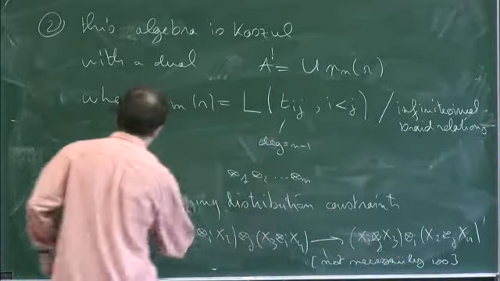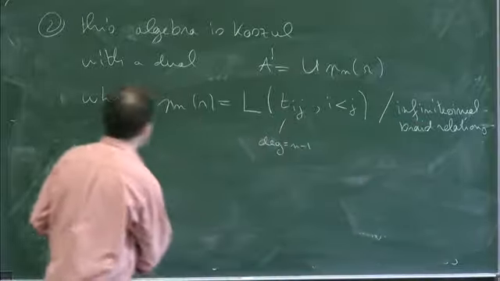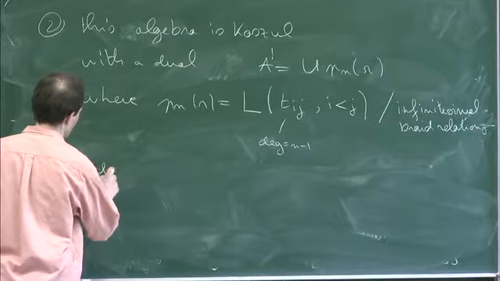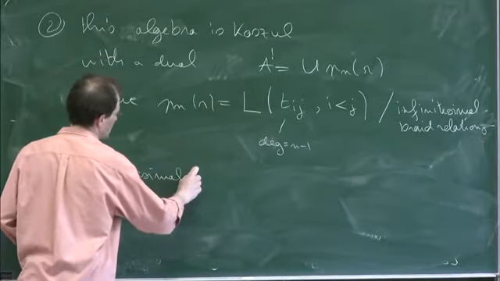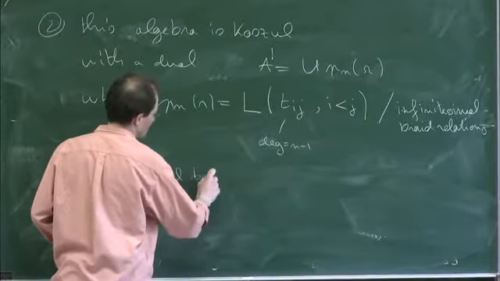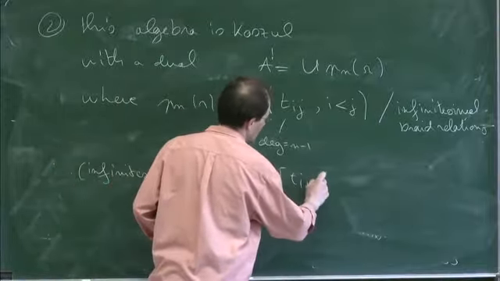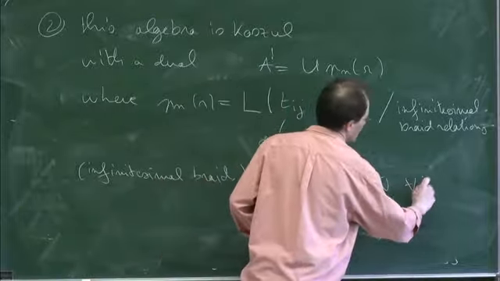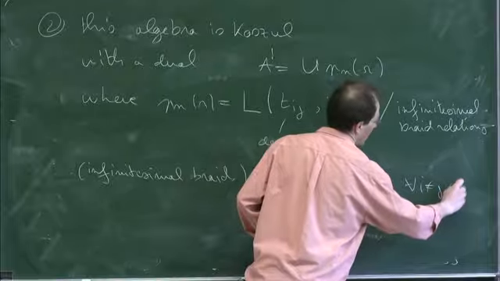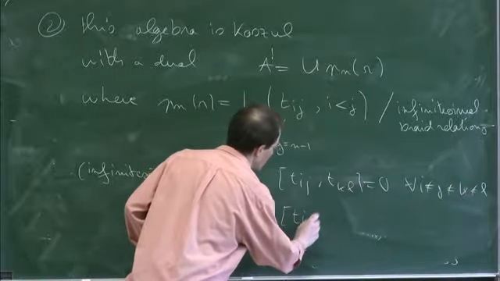So we call these relations. We have two relations. The first relation says that Tij, Tkl is 0 if ij, kl are all distinct. And you have also the Yang-Baxter relation.